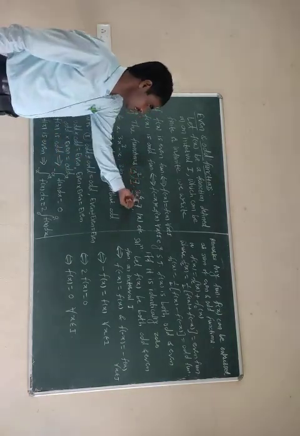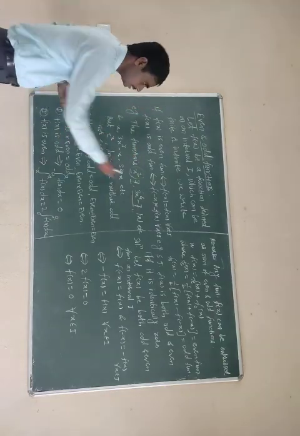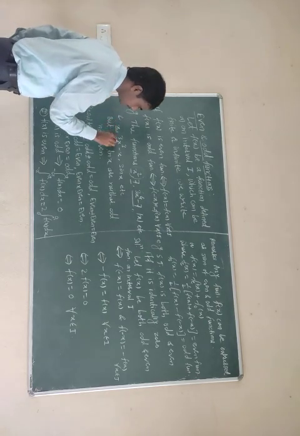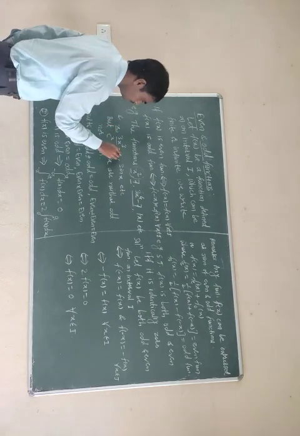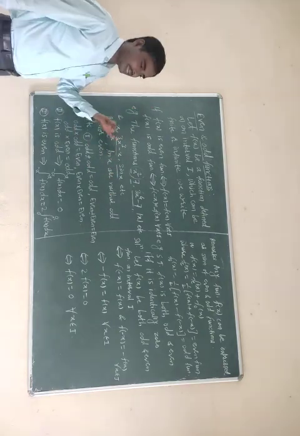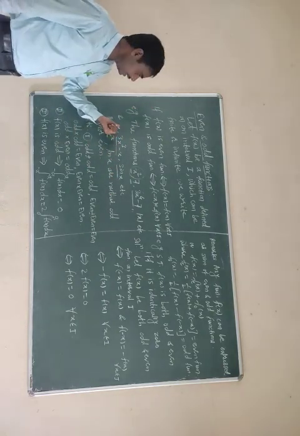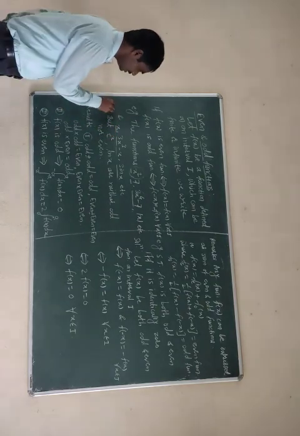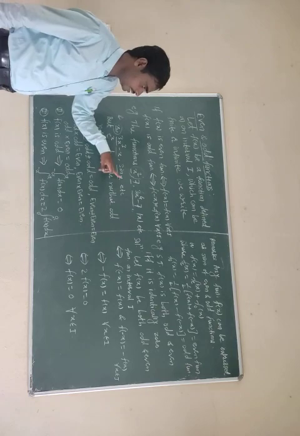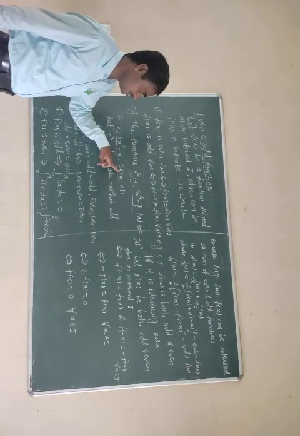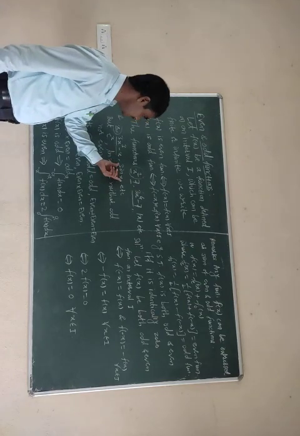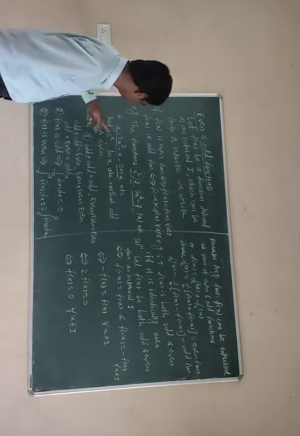That's why we say that these are even functions. And if we replace x by minus x in 3x cube, you will get minus of it. If we replace x by minus x in sin x, you will get minus of sin x. So that's why these are odd functions.